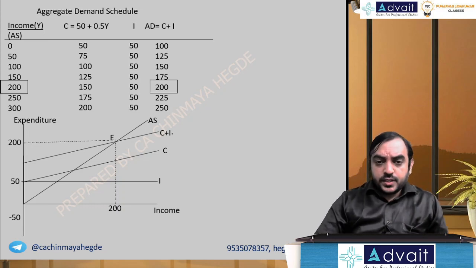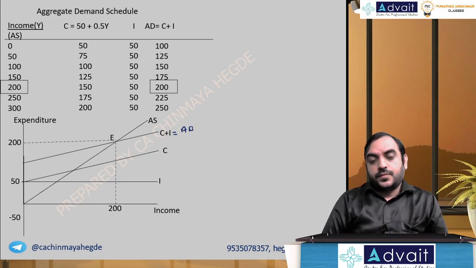The C plus I is the aggregate demand, equilibrium point.